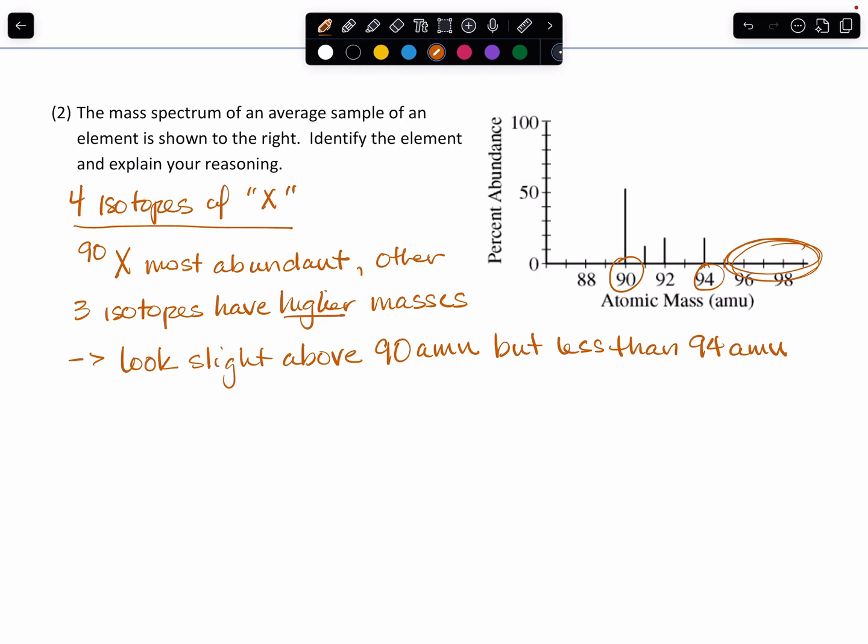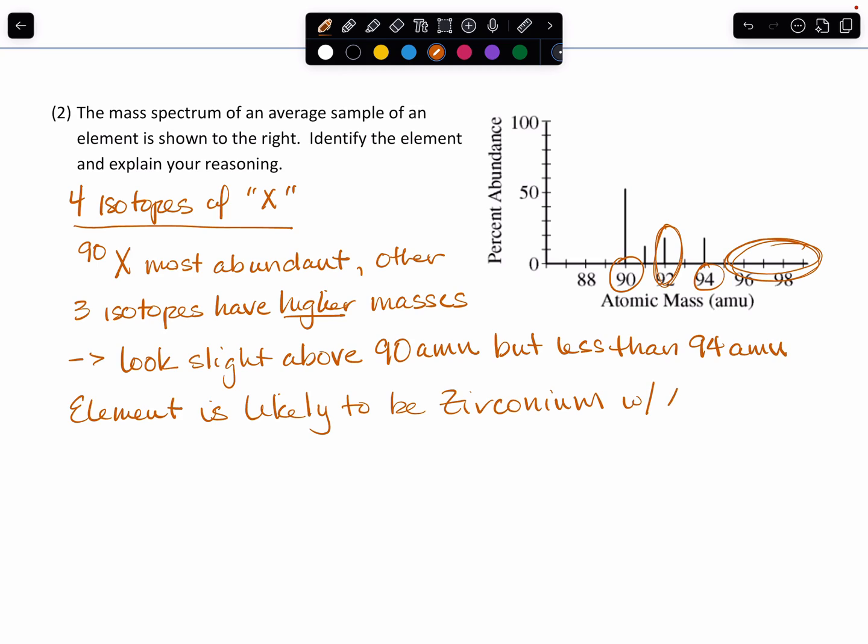It's limited between 90 and 94 because those are the limits of our isotopes. Now my general guess is it's probably going to be close to 92. It's going to kind of depend on where we end up. So if I go look at the periodic table, the element is likely, I would guess, zirconium.